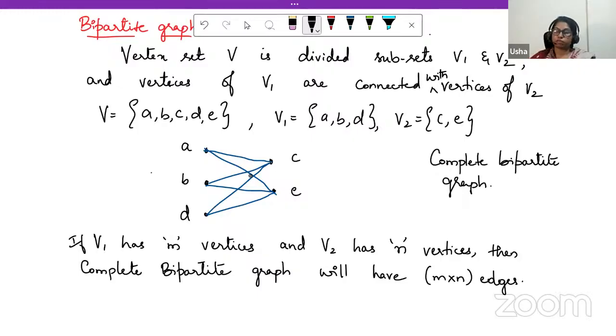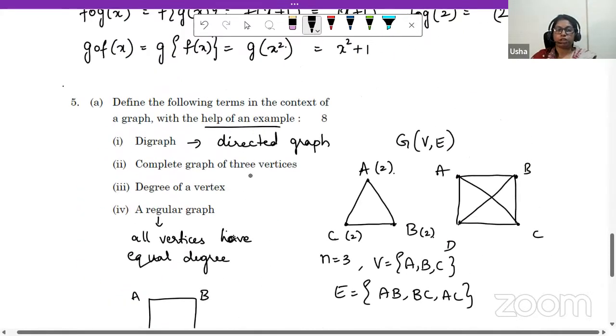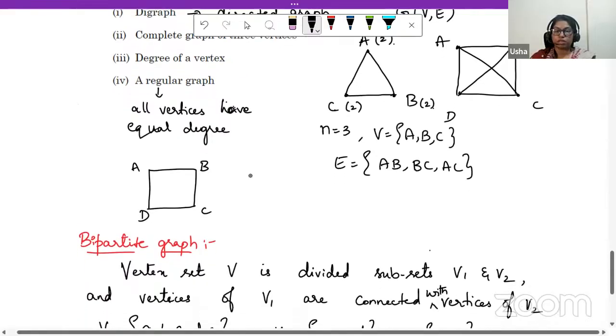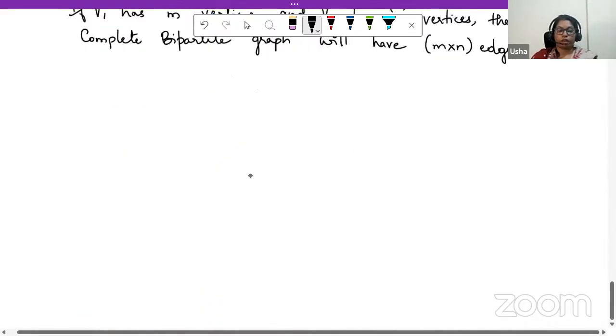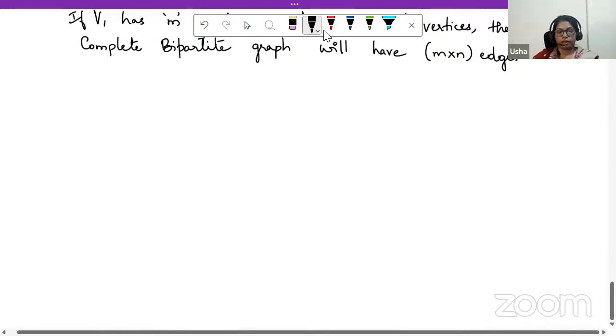So when a graph is given and they ask you to find whether it is a bipartite graph or not, then you just write the vertices into two groups. I'll take one example.